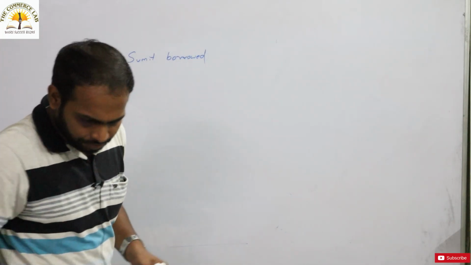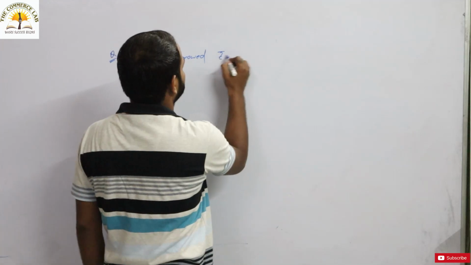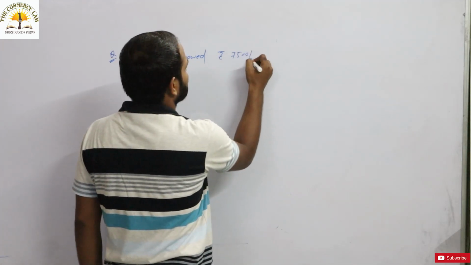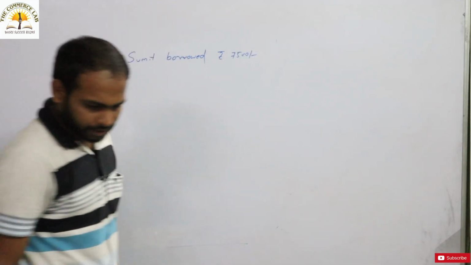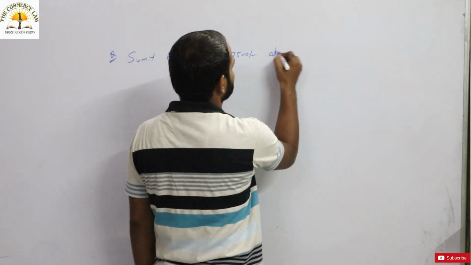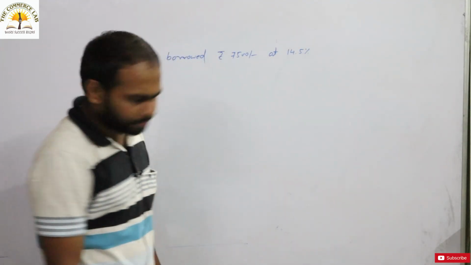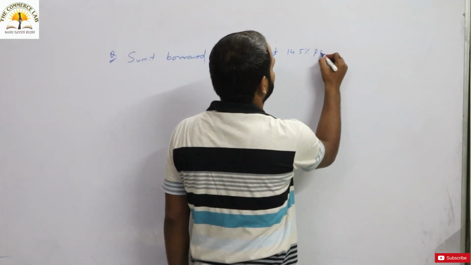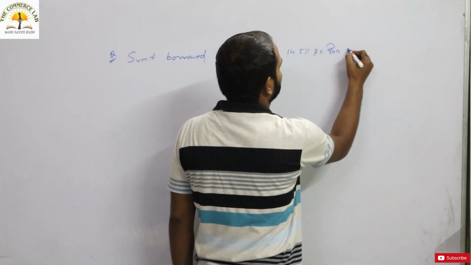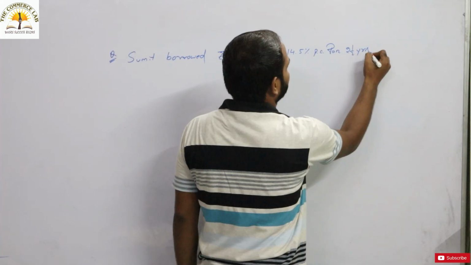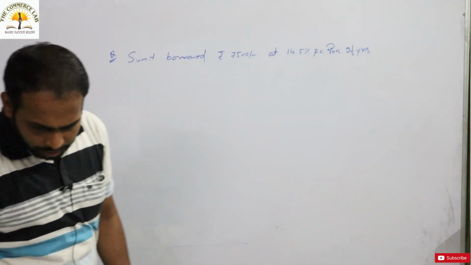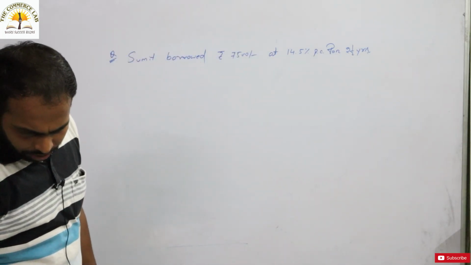Sumit borrowed 7,500 rupees at 14.5% per annum for 2.5 years.